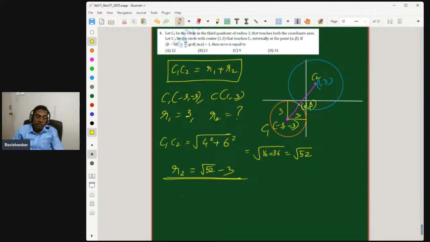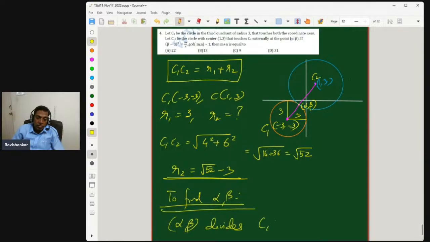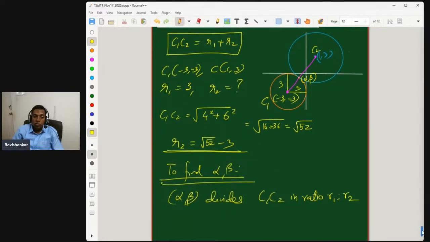Now, how do we find alpha beta? Alpha beta divides C1 C2 in the ratio R1 is to R2.